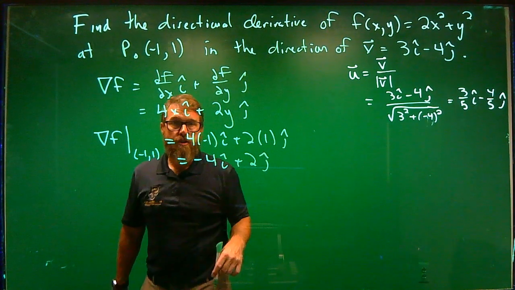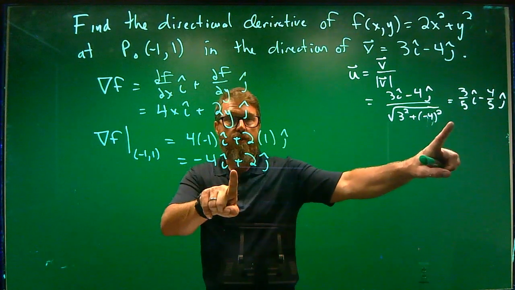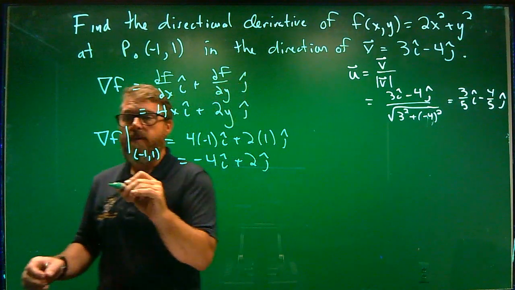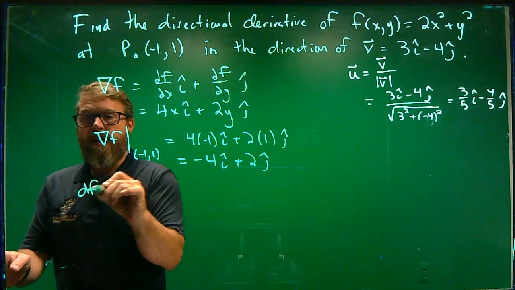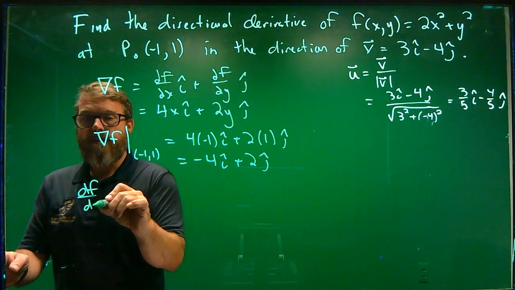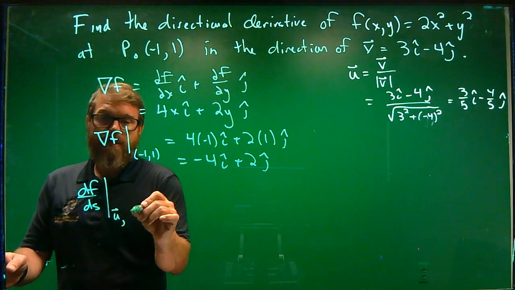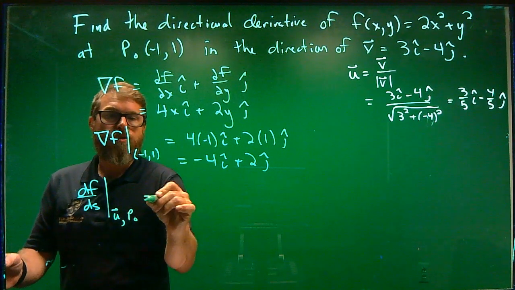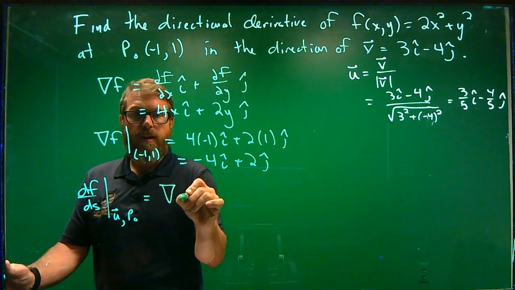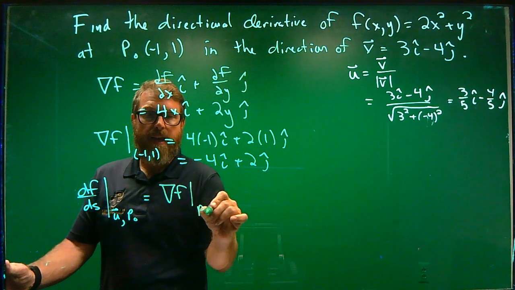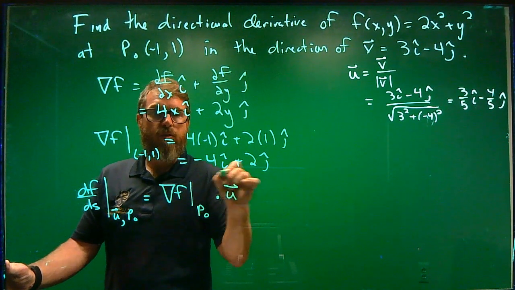All right. So that means the directional derivative is nothing more than the dot product of these two vectors. So df ds in the direction of u at p naught is going to be equal to the gradient of f evaluated at p naught dotted with my unit vector u.